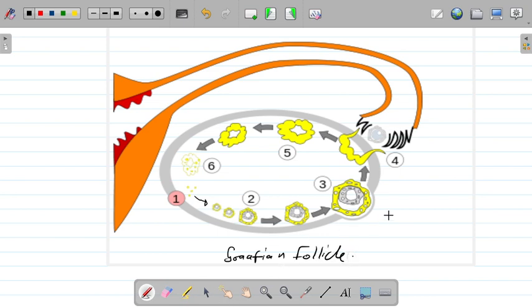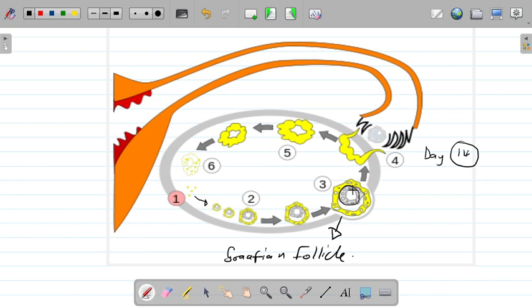Now, the Graafian follicle, let's say this largest one here. Inside it, you find that there is an ovum also maturing, the oocyte. Now, during day 14, the Graafian follicle ruptures.